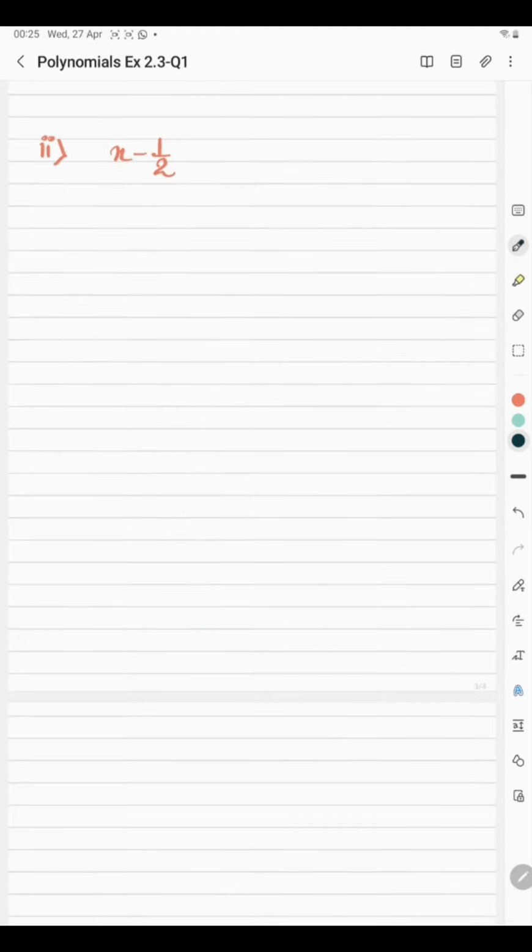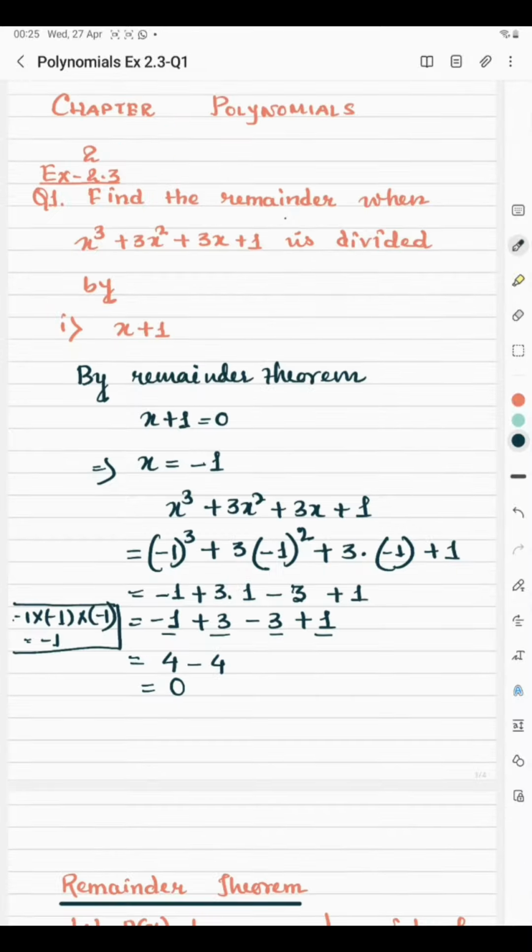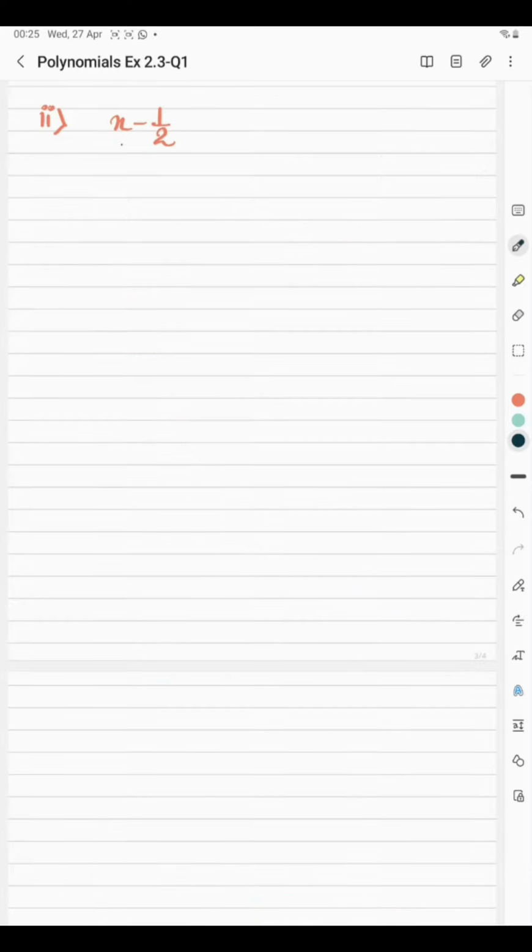Now in the next part we have x minus 1 by 2. That means we will have to find the remainder when x cube plus 3x square plus 3x plus 1 is divided by x minus 1 by 2. Now by remainder theorem, x minus 1 by 2 is equal to 0.